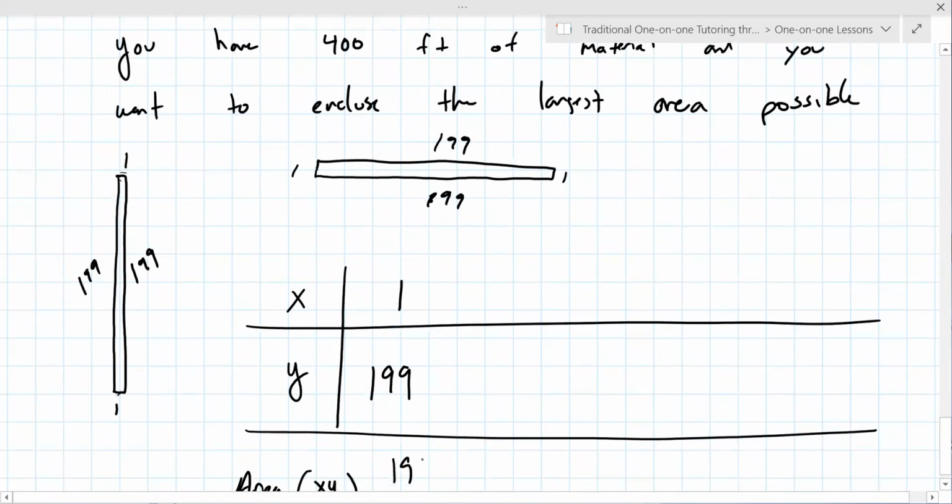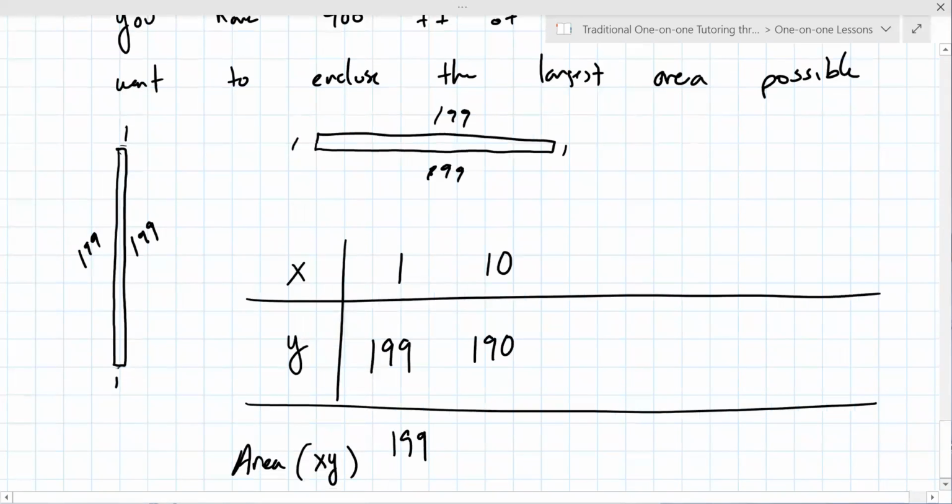The area is 199. And let's say you do 10 and 190. You can already see that it's much bigger. It's 1900. And let's say you go 40 and 60. What's even bigger?